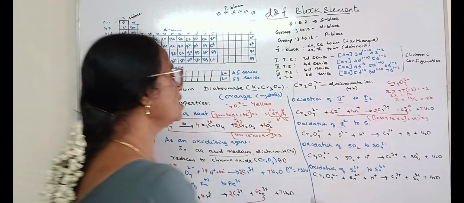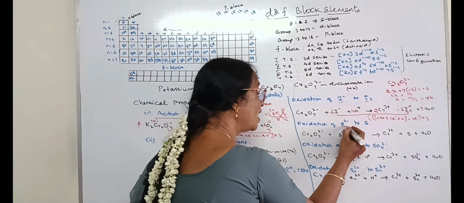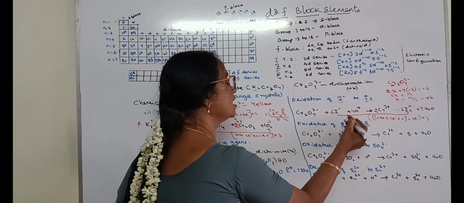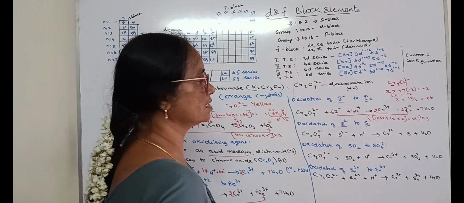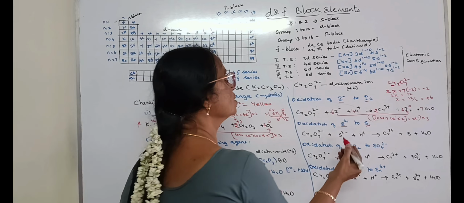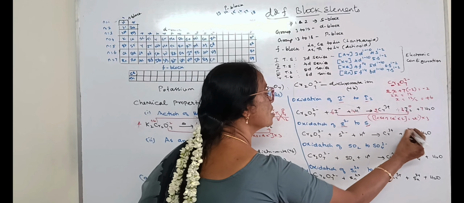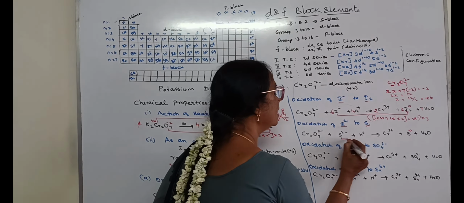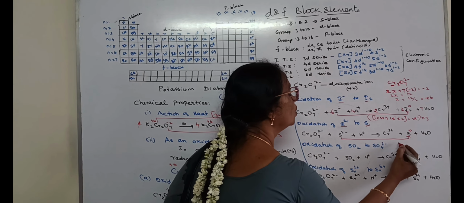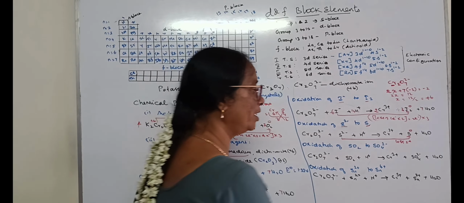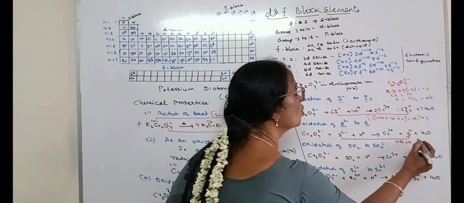The next one, oxidation of sulfide to sulfur. Here sulfide is in -2 oxidation state, iodide is in -1 oxidation state. So in this, sulfide is oxidized to sulfur, therefore there is a loss of 2 electron, but chromium requires 6 electron. So what should we do?